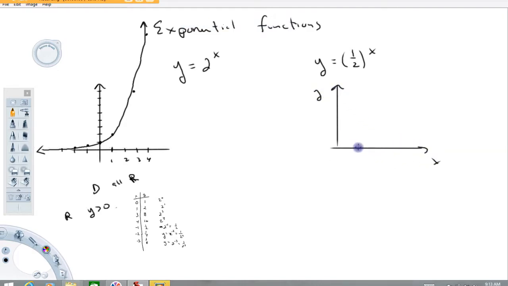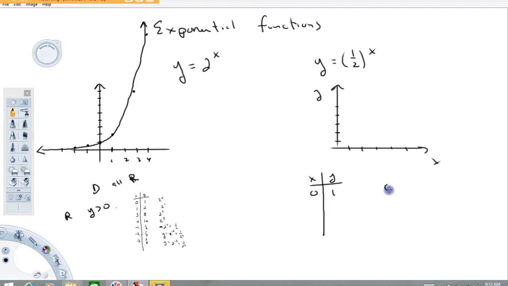Okay, y, x, I'm going to do the same thing here. 1, 2, 3, 4, 5. 1, 2, 3, 4, 5. It doesn't need to be perfect, just decent. X, y, start with x equals 0, y would be 1. Anything to the 0 is 1, as long as the anything isn't 0.